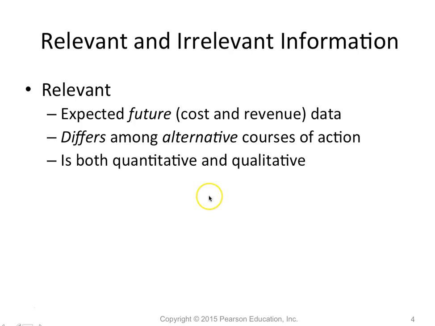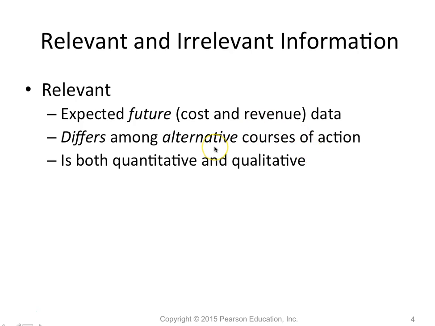Relevant is about how relevant the information you're gathering is to the decisions or alternative decisions you may have. The information we're looking at here is expected future data: the cost and the revenue we're going to have, and that differs among alternative courses of action.